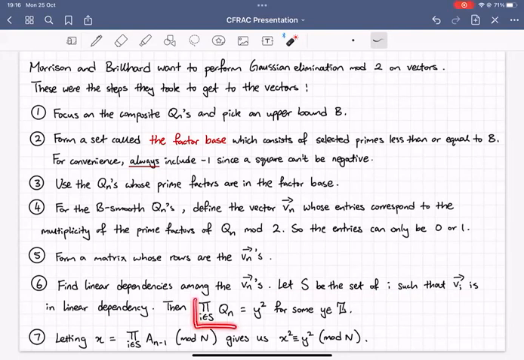Then you define the product of the QNs using the indices in the set S, and this will always give you a square number. Lastly, you let X equal the product of the ANs, and then you're done. It gives you this, which satisfies the theorem.